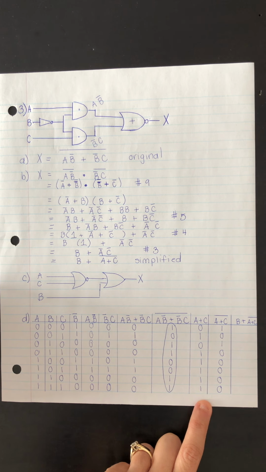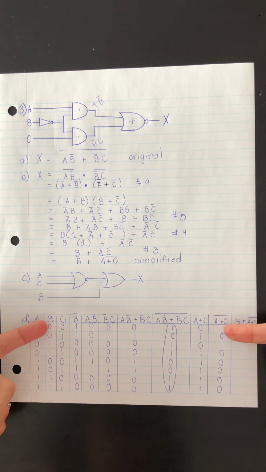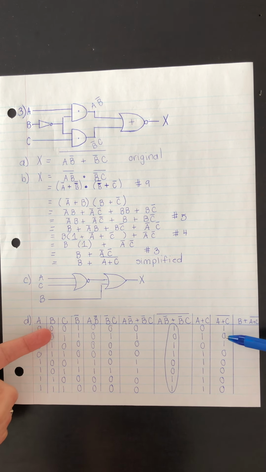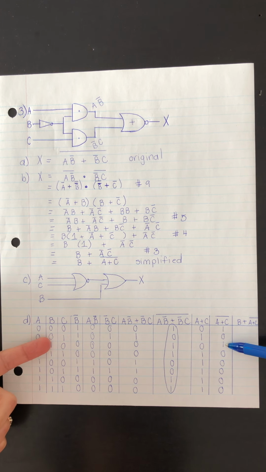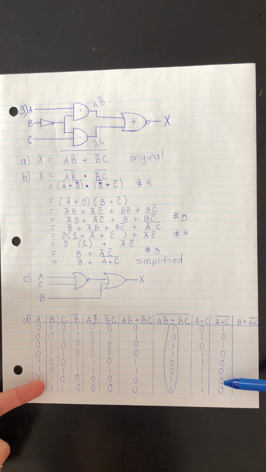Like that. Lastly, this column should be added with B. Okay, so we take this column and add it with B. So here we go, adding. Looks like 1, 0, 1, 1, 0, 0, 1, 1.